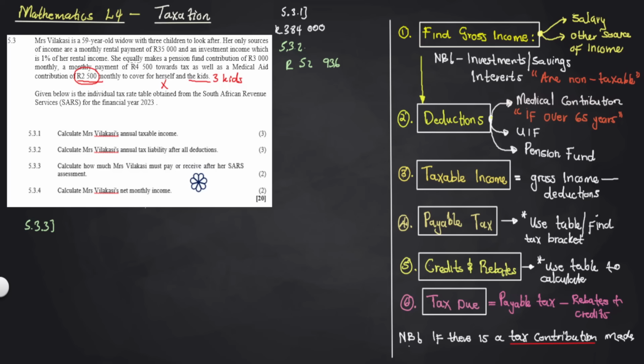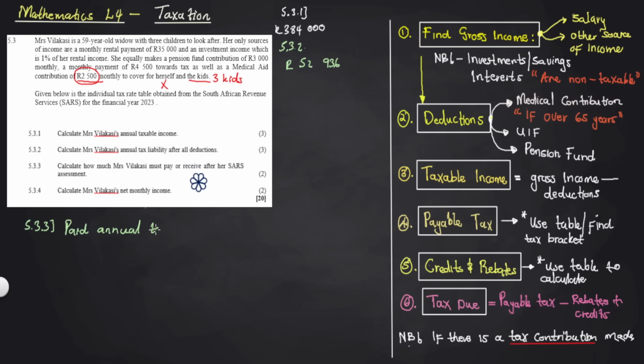She also makes a pension contribution of 3,000 rand and a monthly payment of 4,500 rand towards tax. So we're going to say paid annual tax, from the monthly contribution.